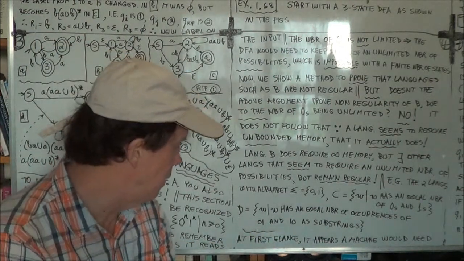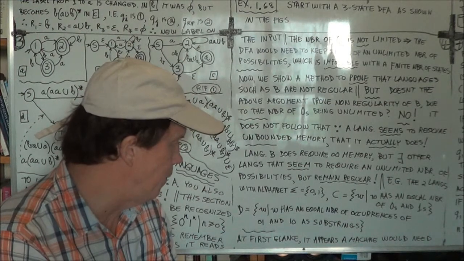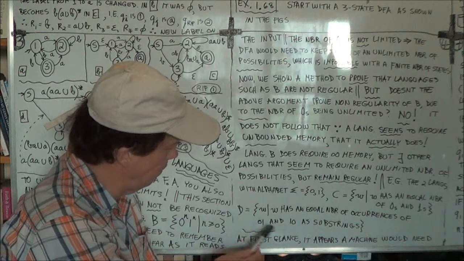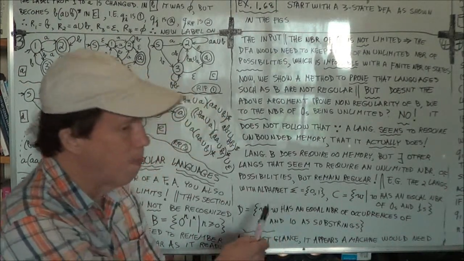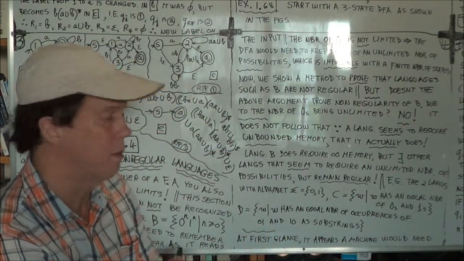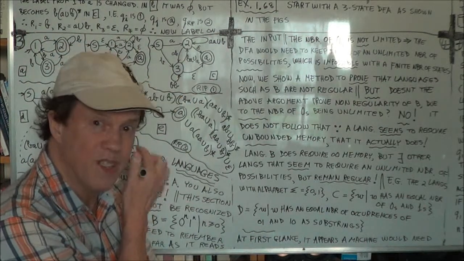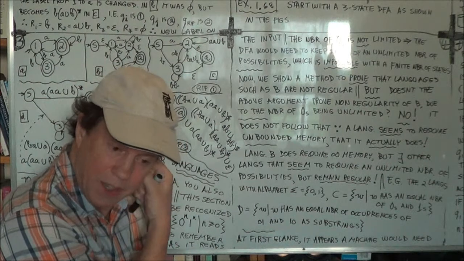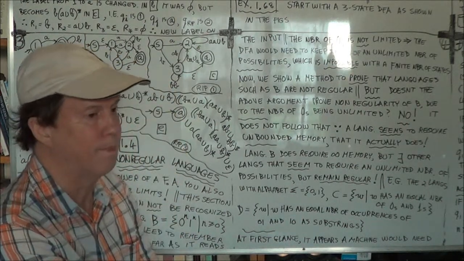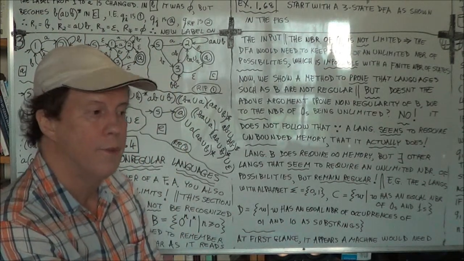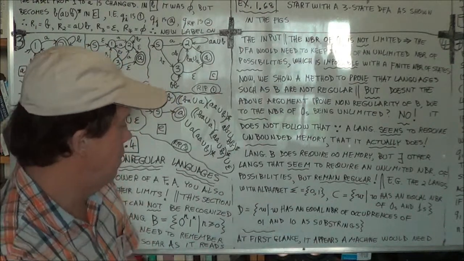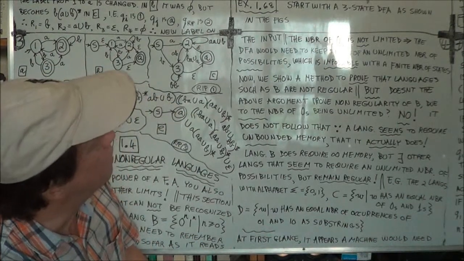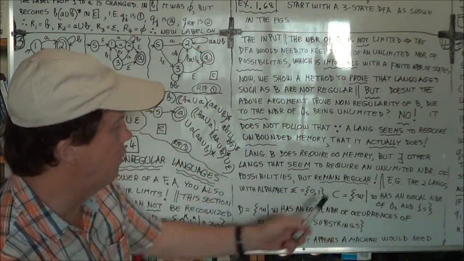So it looks as though to be able to compare the count of this and the count of that, to see if they're equal, D also is a non-regular language that requires infinite memory. So at first glance, you need infinite memory for both.